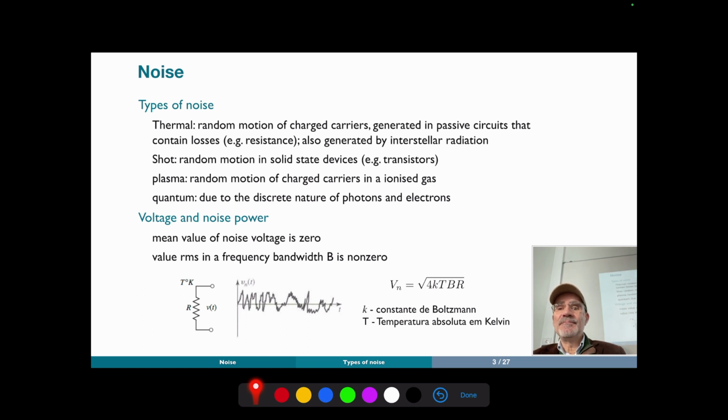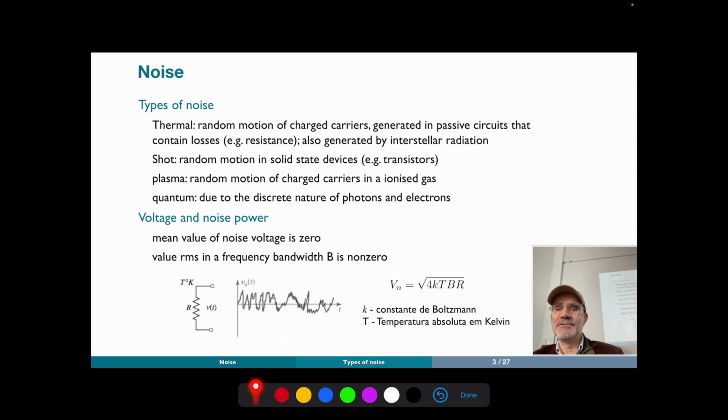If we have, for example, a resistor as shown in this figure, at the terminals of the resistor we have a certain voltage. Due to noise on the resistor, thermal noise, we have a fluctuation of the voltage at the terminals of the resistor. A possible case is shown here with the variation of the voltage.